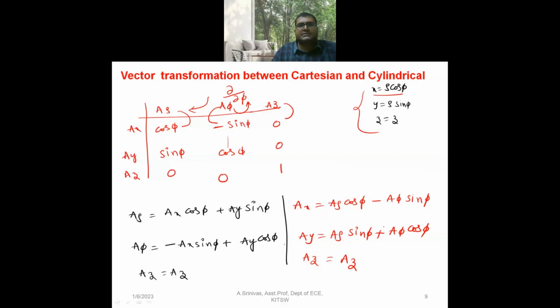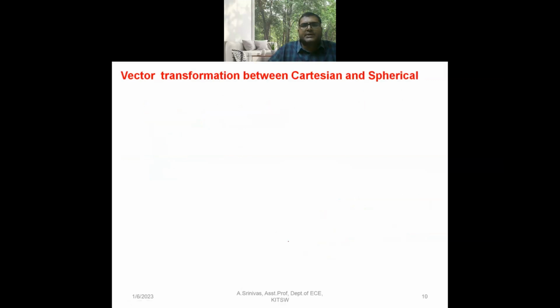Let us apply the same concept to transform the vectors between Cartesian and spherical coordinate systems. The relation is x equal to r sin θ cos φ, y is equal to r sin θ sin φ, z equal to r cos θ.